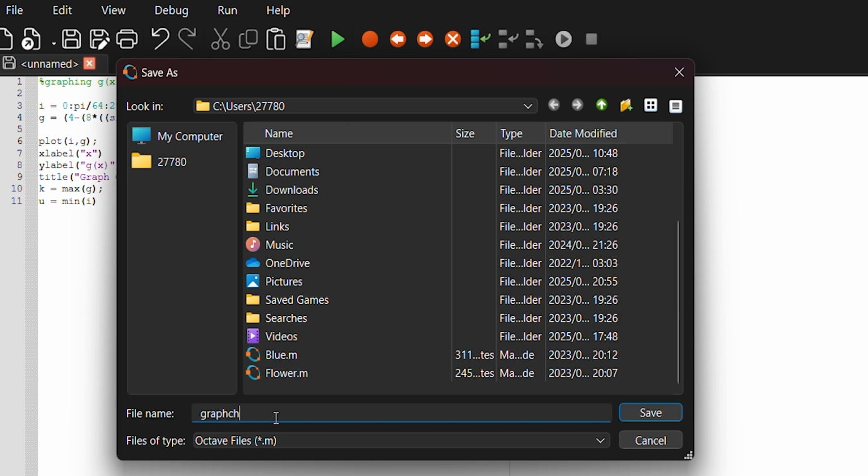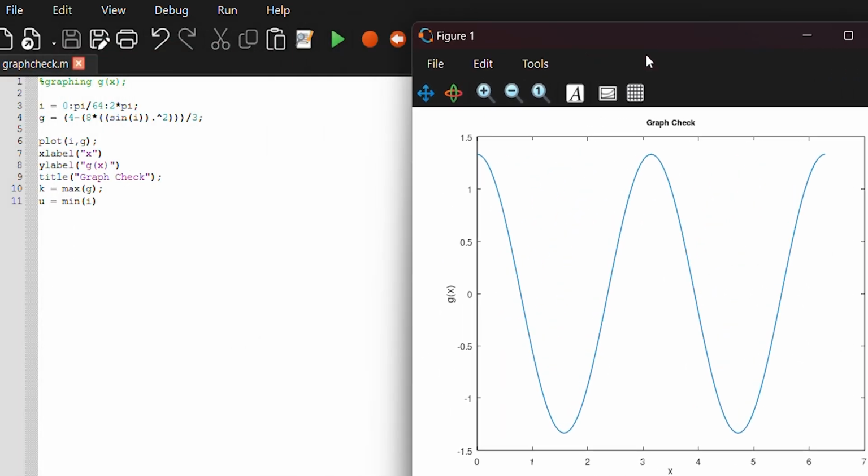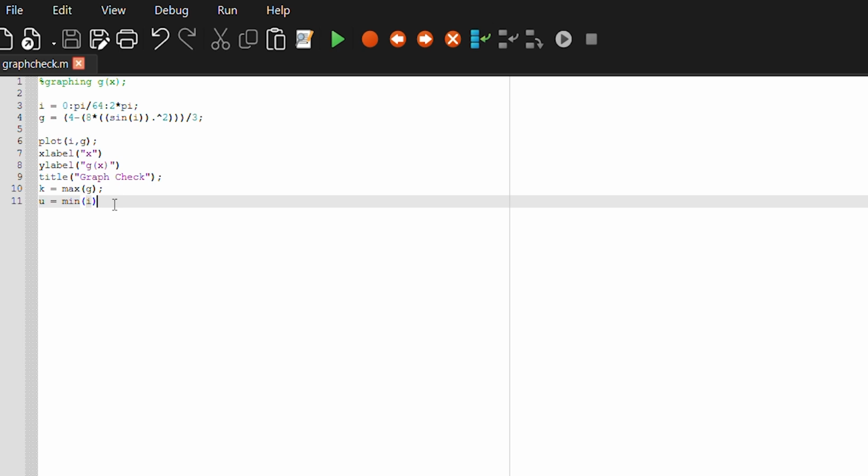So I'm gonna call this graph check. When you're not writing functions, when you're just writing definitions, you don't need to name it the same as the definition you're doing.